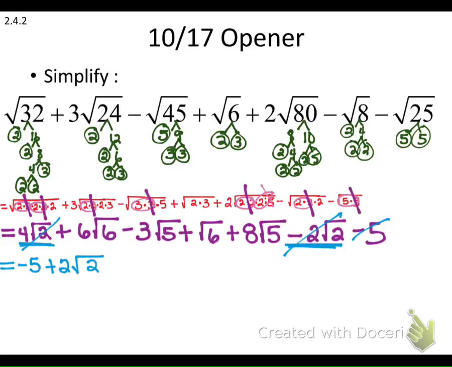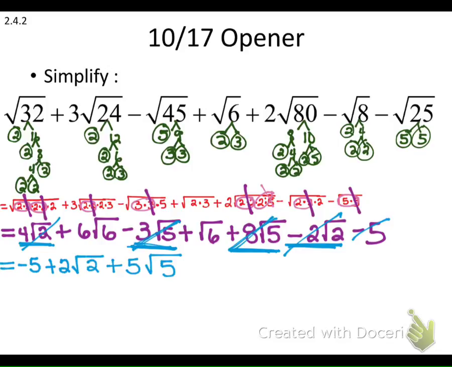So what's my next smallest radicand? 5. Okay, negative 3 square root 5 and 8 square root 5. So now we're going to combine those coefficients. So it's negative 3 plus 8, so positive 5 square root 5. Okay, finished with those.